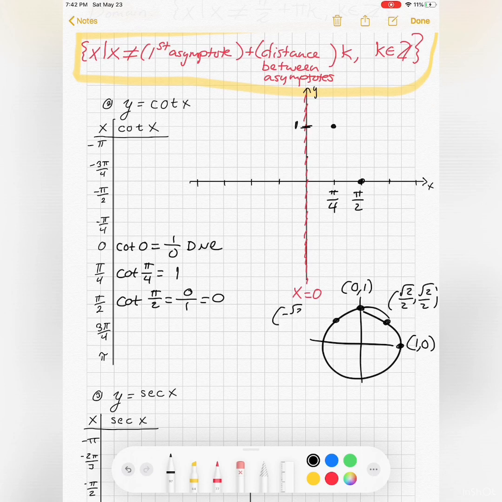Three pi fourths. If I divide those guys, I get negative 1. Pi, that's going to be undefined, does not exist.